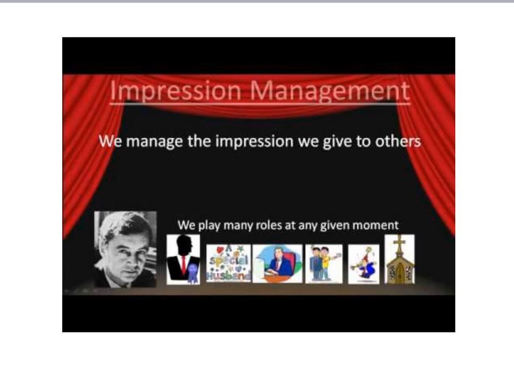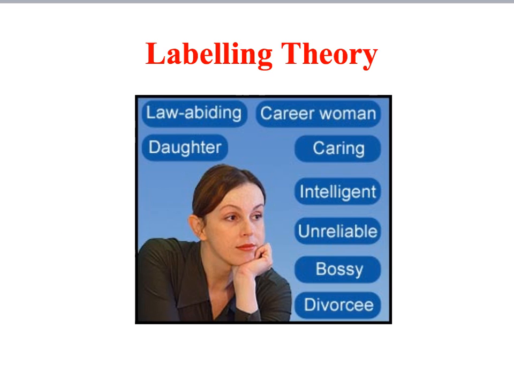Now, the labels given to individuals can become particularly significant where they're attached to an individual by somebody in a position of power and influence, such as a teacher. And according to labelling theory, one particular problem is that labels can become what Howard Becker calls master statuses.